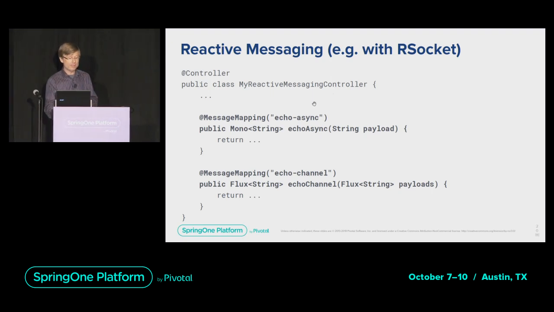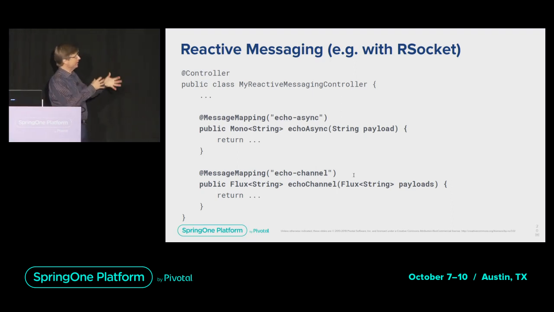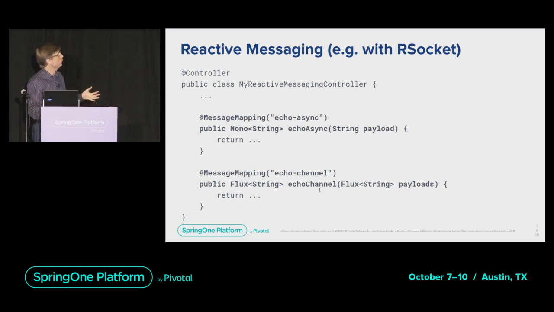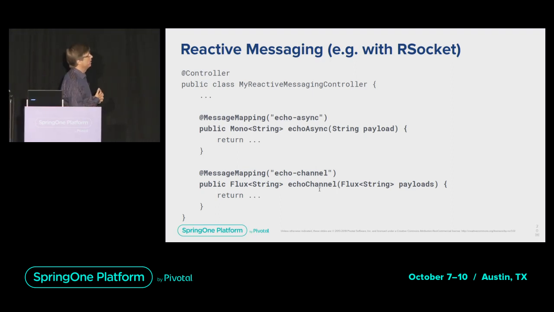This is primarily designed for RSocket, so it connects immediately to the RSocket topic, where RSocket itself, as a messaging architecture, as a messaging abstraction, is reactive streams based. It's very straightforward to adapt endpoint methods like these to RSocket underneath the covers. That's what we primarily architect this for.